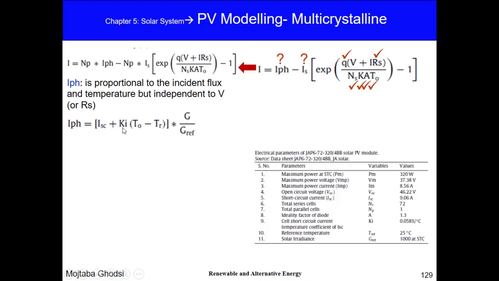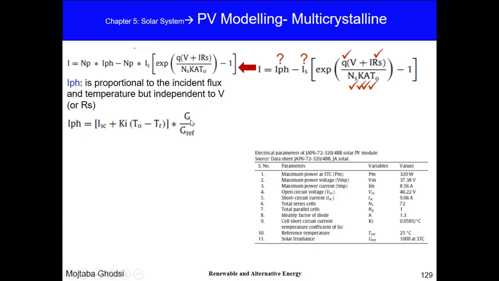Plus Ki, which is the cell short circuit current constant. It's here, 0.058% per degree centigrade, times the temperature, the absolute operating temperature minus the reference temperature, which is room temperature, times the ratio between G and reference G. What is G?